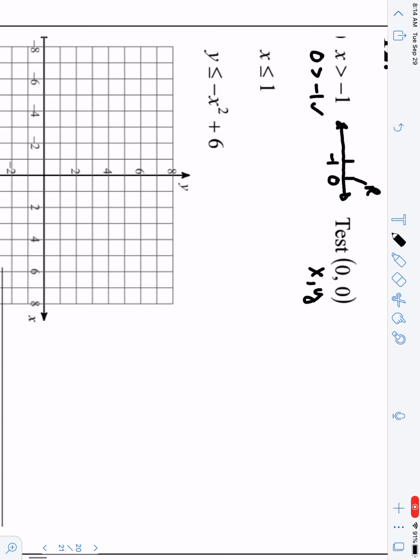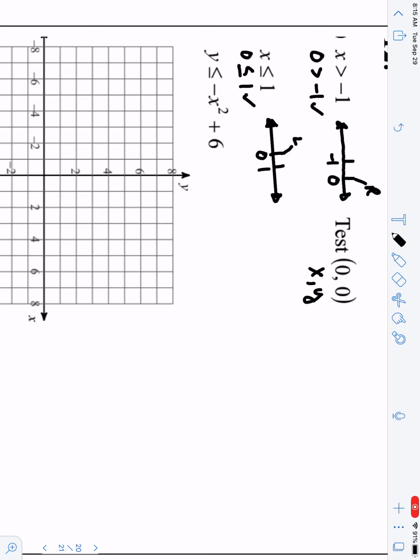Then we'd also test this part. So 0 less than or equal to 1. Again, if you're not sure, just put things on a number line. So if this is 1, think about where 0 would be. Because 0 is to the left, it's less than. So that also works.